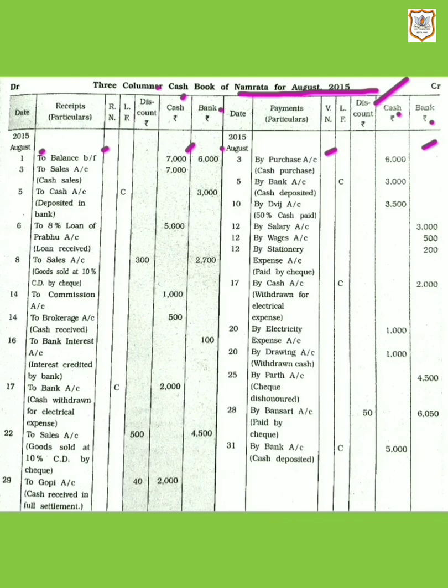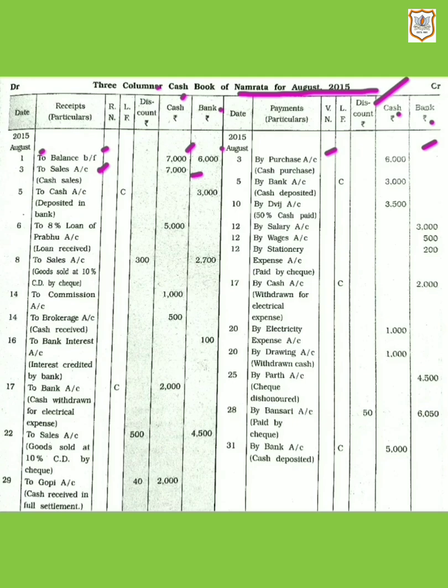So this is 7,000. And it will be recorded on the debit side as cash is coming into the business. So here we will write 7,000 in the cash column on the debit side, and in the particulars column, the name of the account under which the payment has been received is written, that is To Sales Account.